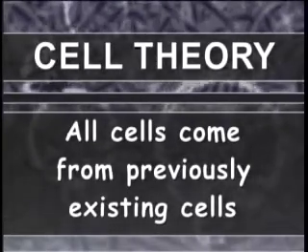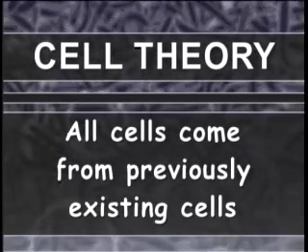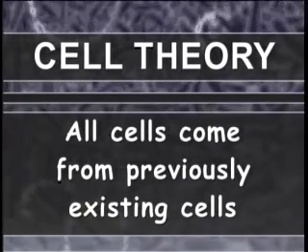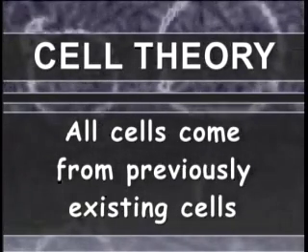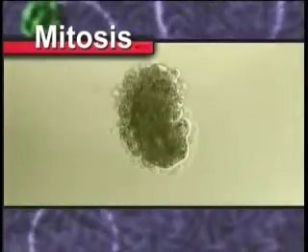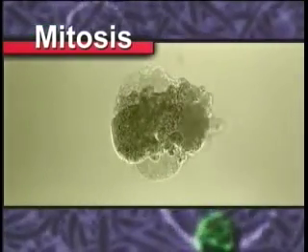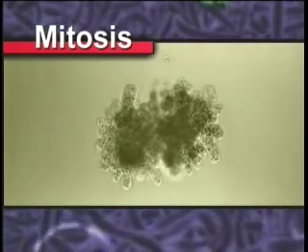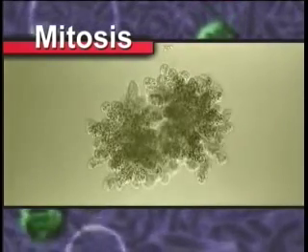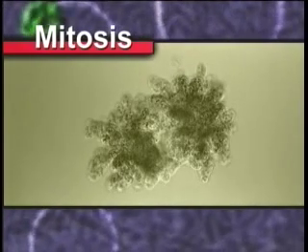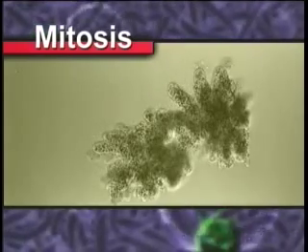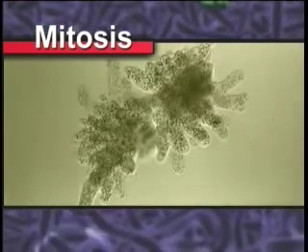As cell theory states, all cells come from previously existing cells. This happens through cell division. Cell division, called mitosis, is an amazing and quite elegant process that enables organisms to grow and reproduce. And though there are some differences, this process is remarkably similar in all organisms.